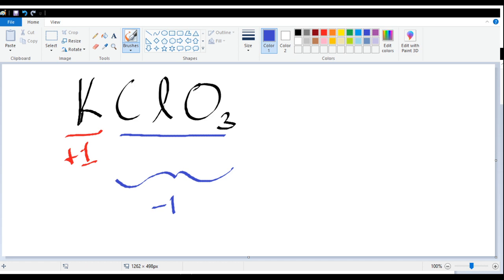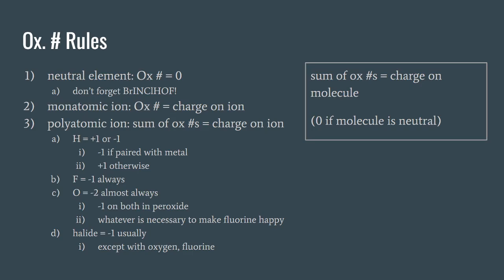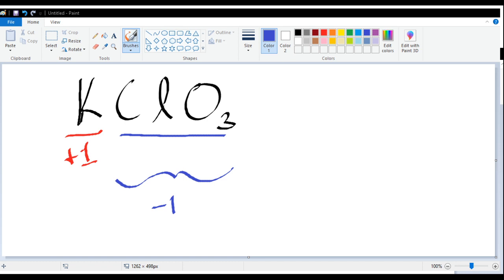Now we head back, we look at our rules. Oxygen is almost always -2, unless it's a peroxide or bound to fluorine. In this case, it's neither a peroxide nor is it bound to fluorine. So each of our oxygens is -2.